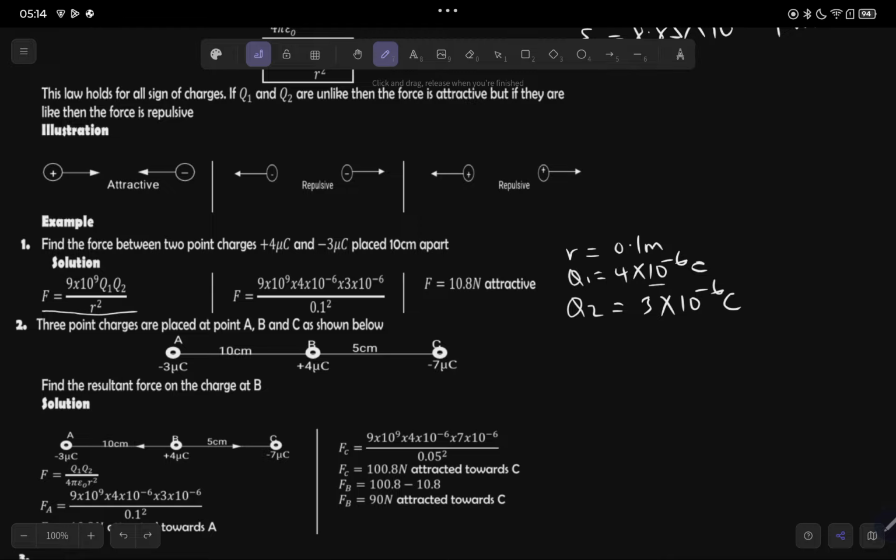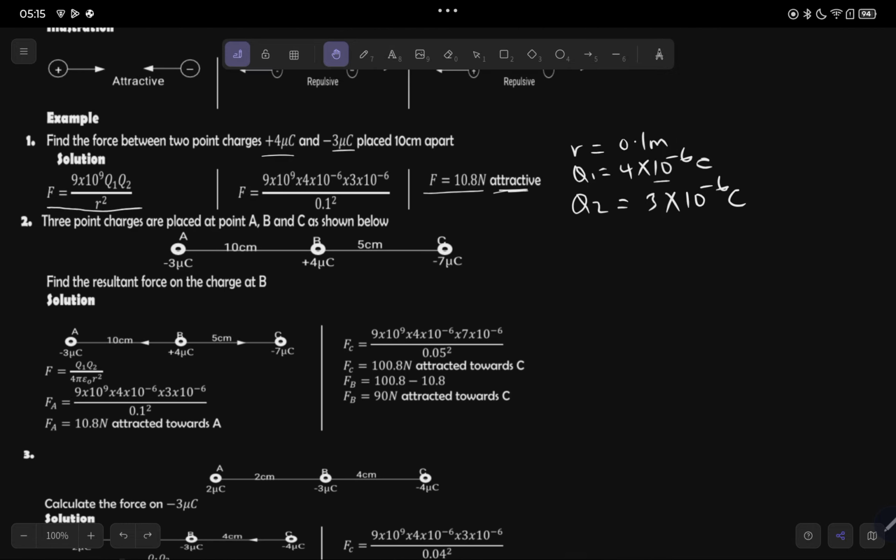We substitute the values and get the force as 10.8 newtons. It's an attractive force, because the force has both direction and magnitude, and since they are unlike charges, the force is attractive.